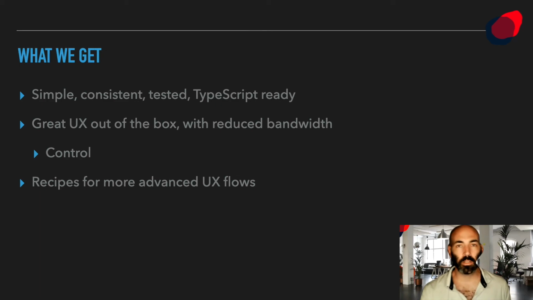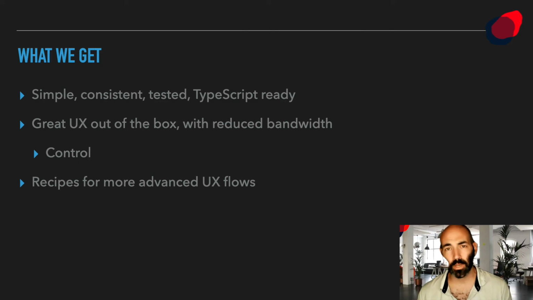But this architecture basically says, rely on your server. You need to have a strong server that can return results with a low latency and handle all of these requests. And then you can do these caching strategies, update local cache, but always refetch from the server. And ReactQuery, as you can see, is simple, it's consistent, it's tested, and it's TypeScript ready.